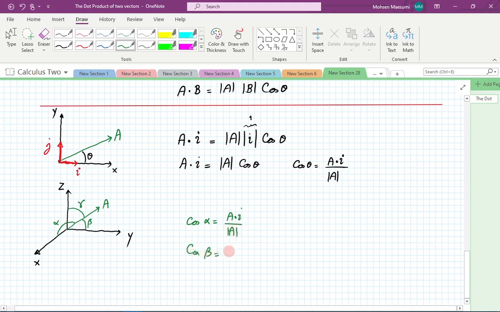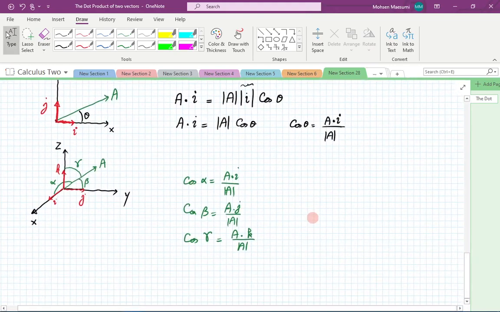Cosine of beta is a dot j over a. And then of course cosine of gamma is a dotted with k over a. So i, j, k as before, this is my i and my j and my k. Really nothing new; it's just that a name is going to be given to these things. Those are going to be called direction cosines.